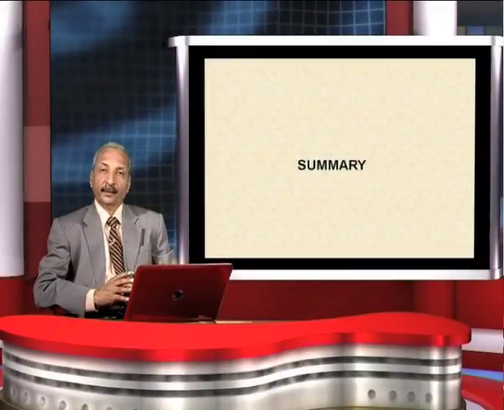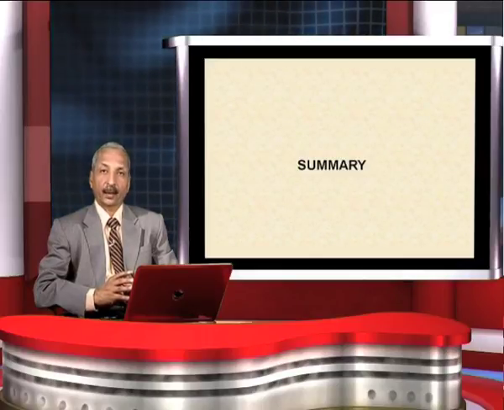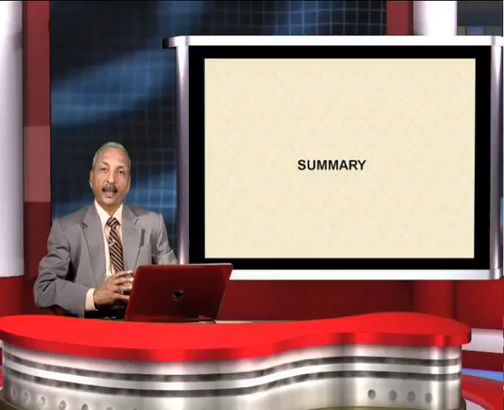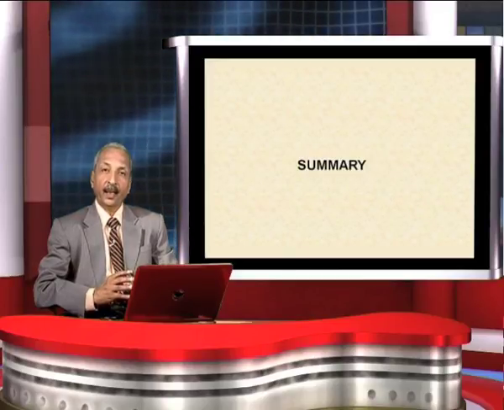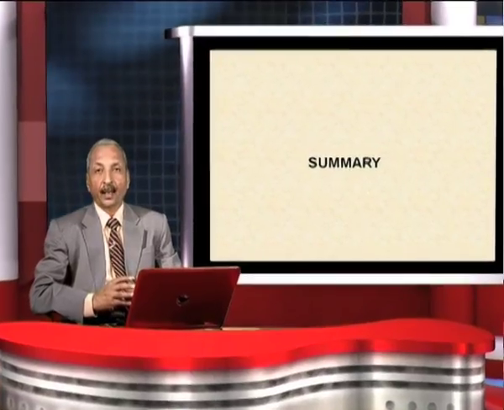In today's lecture, we have seen how weighted index numbers can be constructed, and then we have discussed the criteria for an index number to be satisfied. Here we have discussed in particular the Laspeyres, Paasche, Marshall and Edgeworth and Fisher's ideal index numbers, and in particular we have discussed the time reversal test and the factor reversal test.